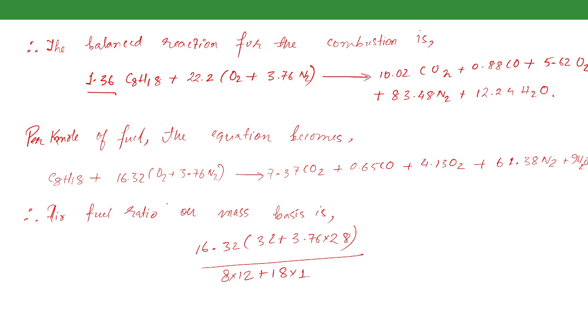This is equal to 19.65 kg air per kg of fuel. So this is the air fuel ratio on a mass basis.